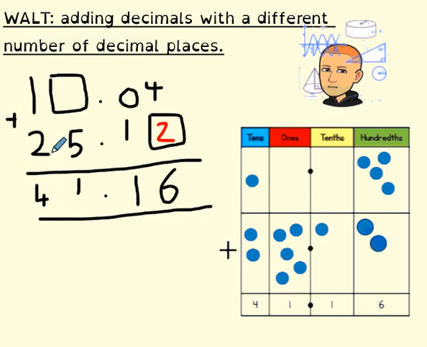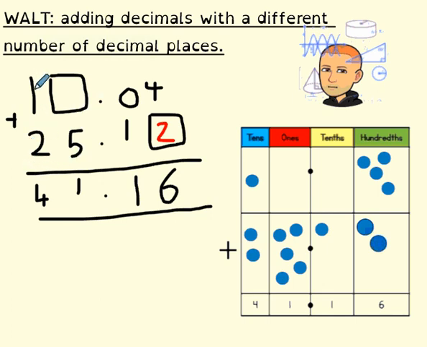So the total ones, if I go back to my ones column, needs to be more than 10. Because if it's 10 or more, we do an exchange. So I need to be able to do an exchange to give me an extra 10 to mean that my tens columns add up correctly.